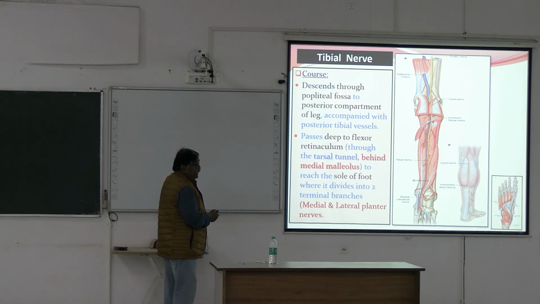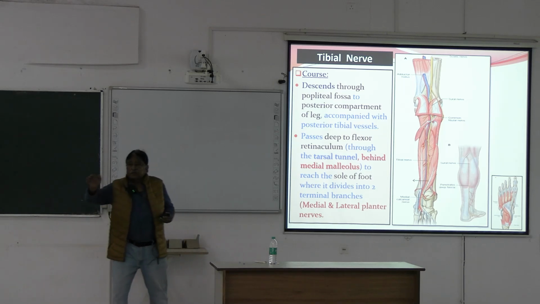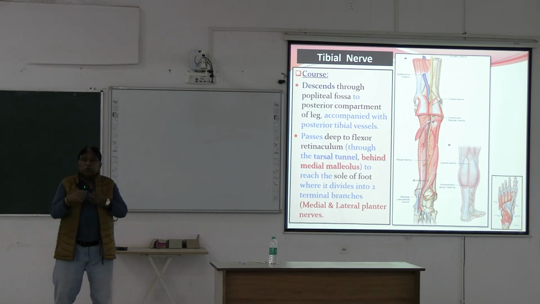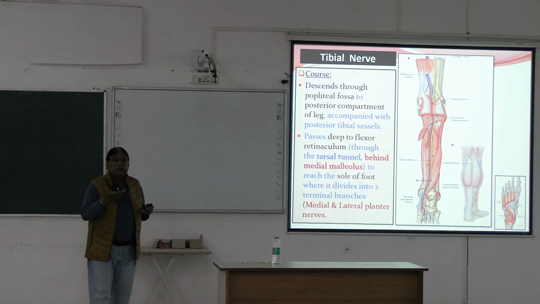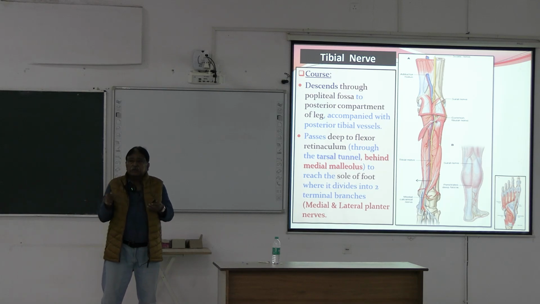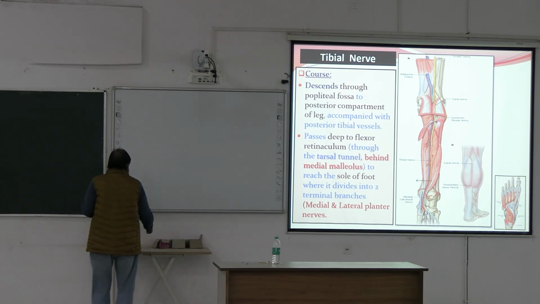You can see the medial malleolus. The flexor retinaculum is a band that holds the structures. Yesterday I showed you the articulated foot, which naturally holds the small bones. I showed you some pictures there where it is drawn like this. You saw it, you can recapitulate.